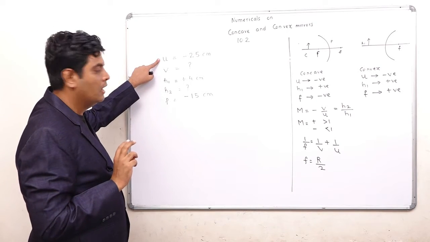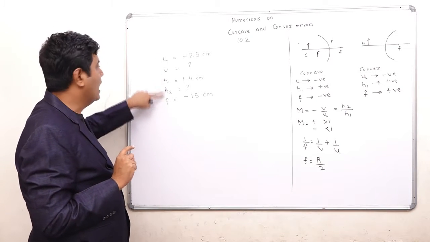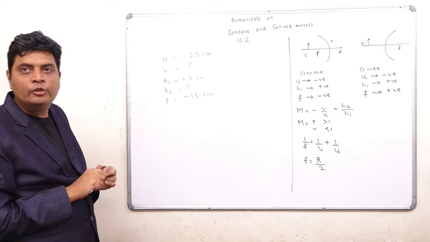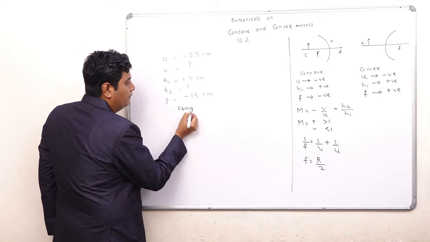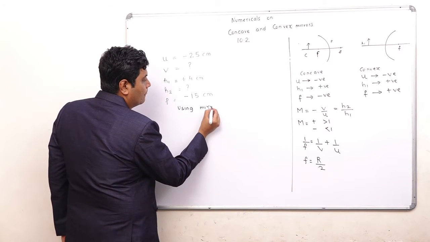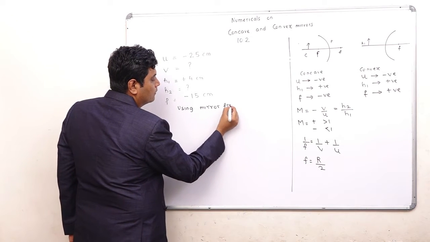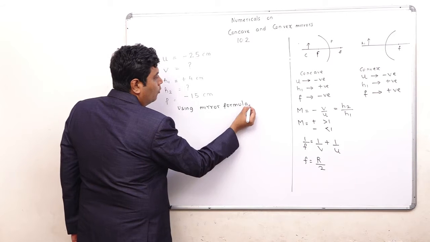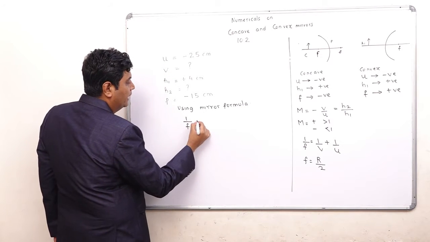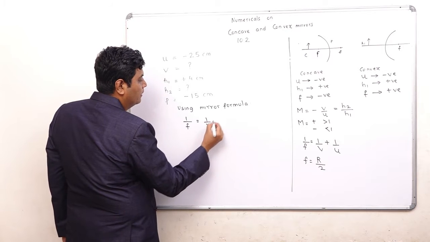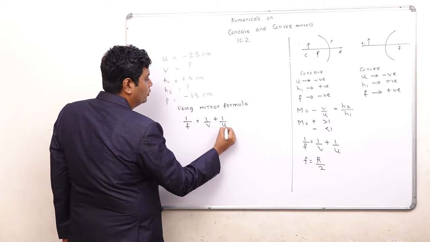I have u, I have f. I want to find v. So I will use the mirror formula. What is it? 1 upon f is equal to 1 upon v plus 1 upon u.